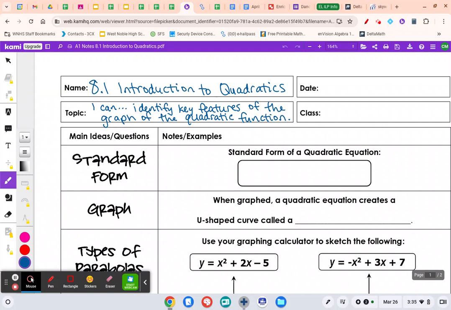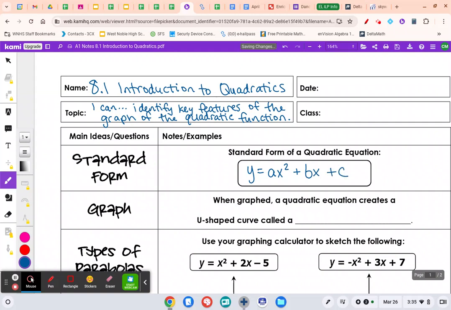So guys, this is very related to chapter 7, although we start out with graphing, which will feel a little bit different. We have already talked about standard form of a quadratic equation. This is y equals ax squared plus bx plus c.